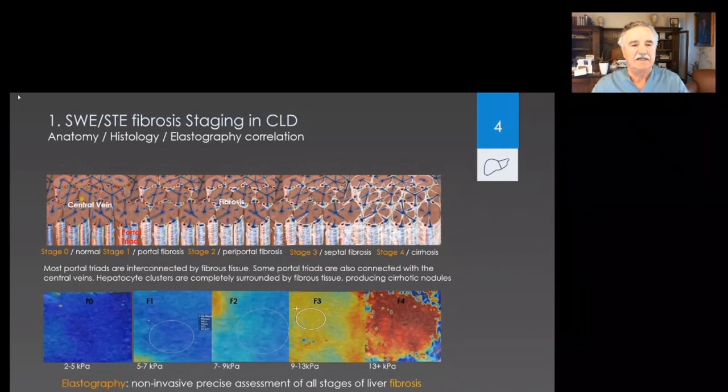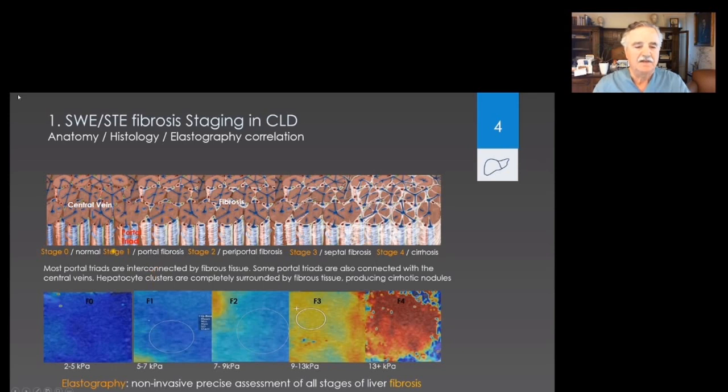This is an anatomy histology correlation and elastography correlation. Those are the hepatocytes. Most portal triads are interconnected with connective tissue.